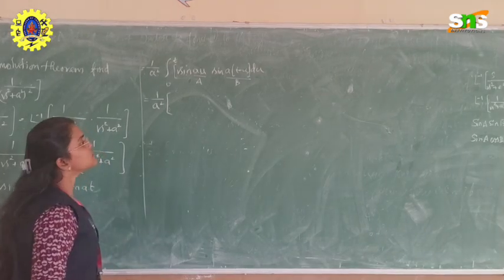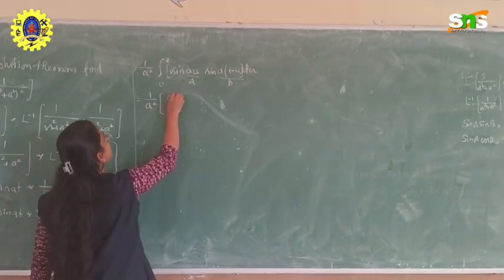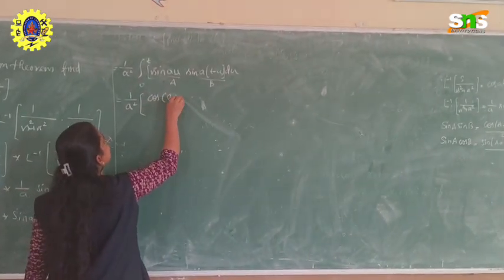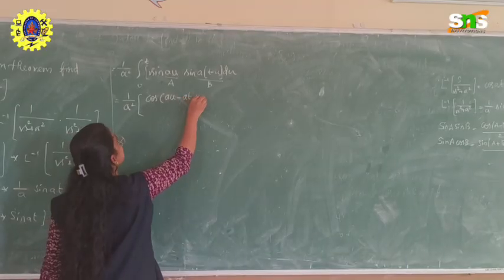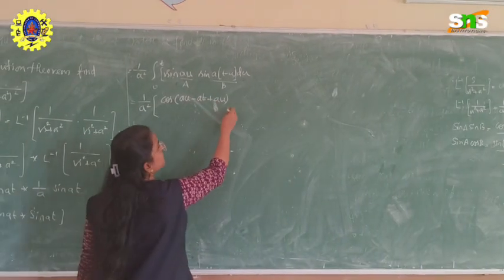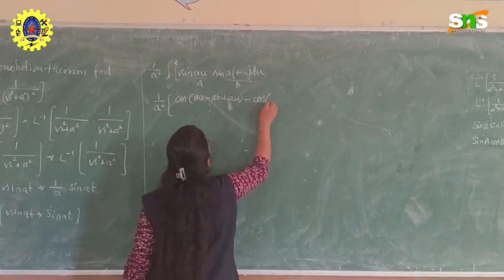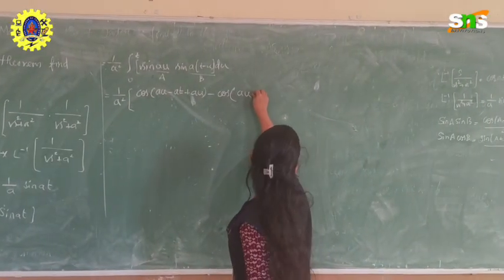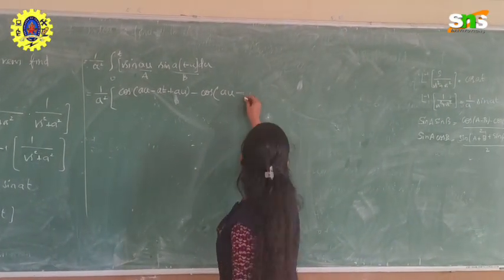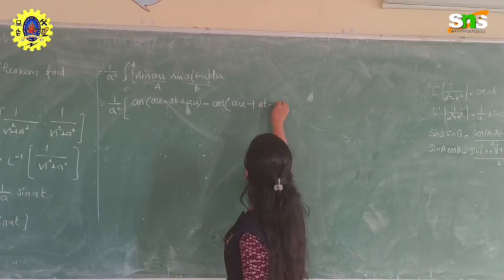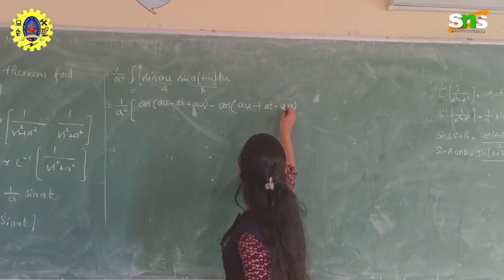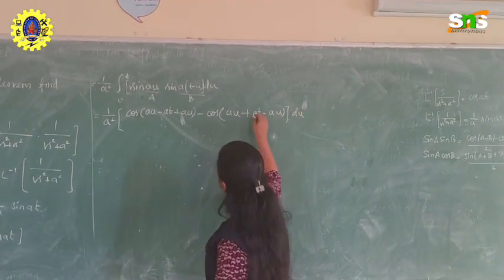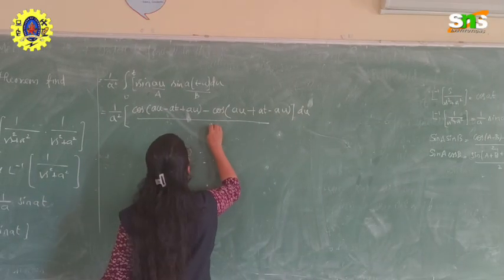So here I'm taking this as A and this as B, which is equal to 1 divided by a square. So cos(A minus B), right? So what is A? au minus at plus au, minus cos(A plus B). A is au, B is at minus au, so A plus B, whole divided by 2.